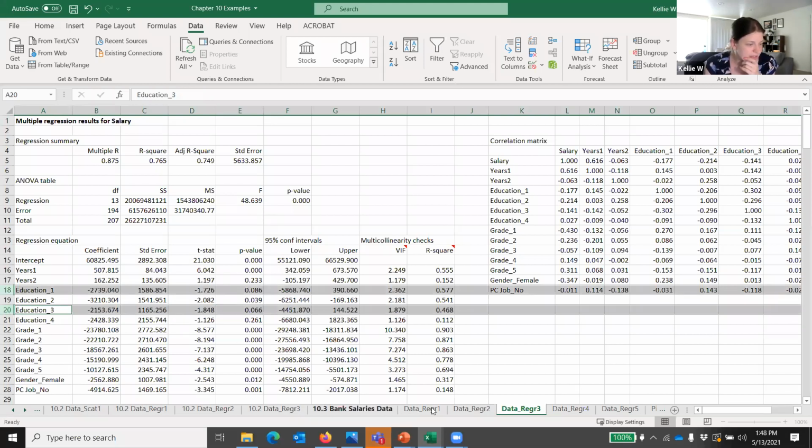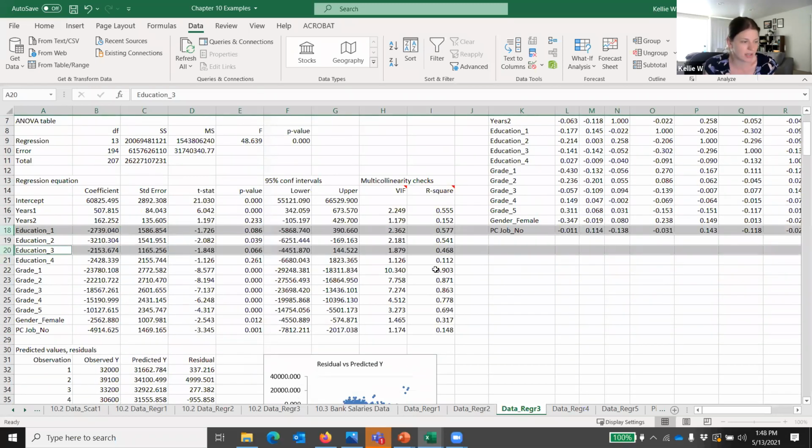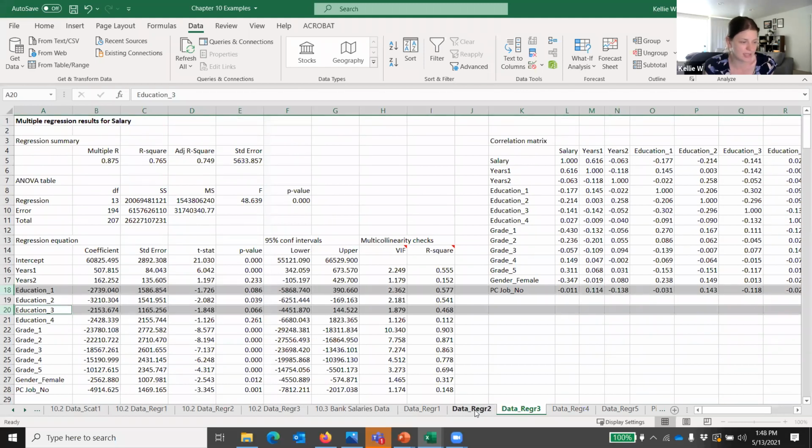But it is interesting to see. Now they've regressed it against everything, but look at our residuals as well. This is a concerning pattern. So there's something going on here. We would not blindly accept predicting against all of the values.